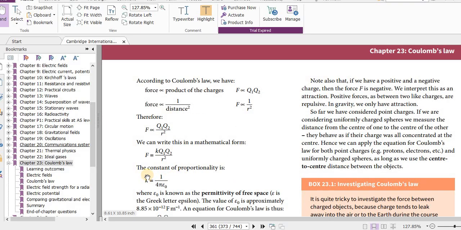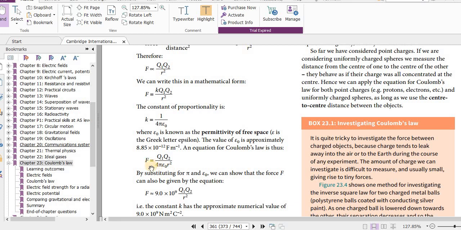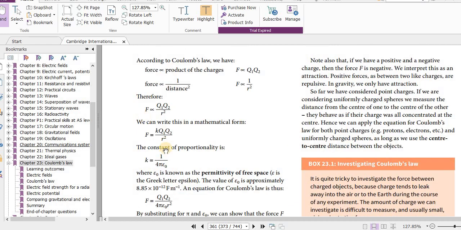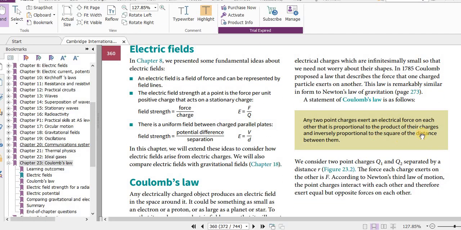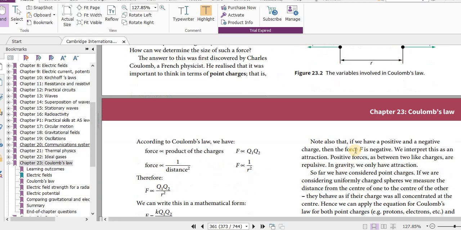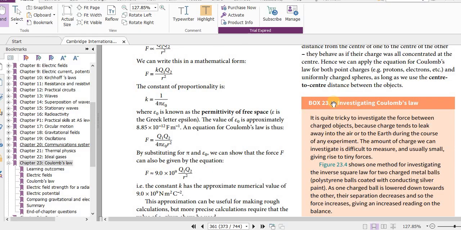And you can see over here, its whole thing is divided by, or we can say, k q1 q2 over r squared. So here is the first part of the definition, where we say the force is proportional to the product of the charges, and then the second part of the definition, which says that the force is inversely proportional to the square of the distance between the centers of those charged particles.